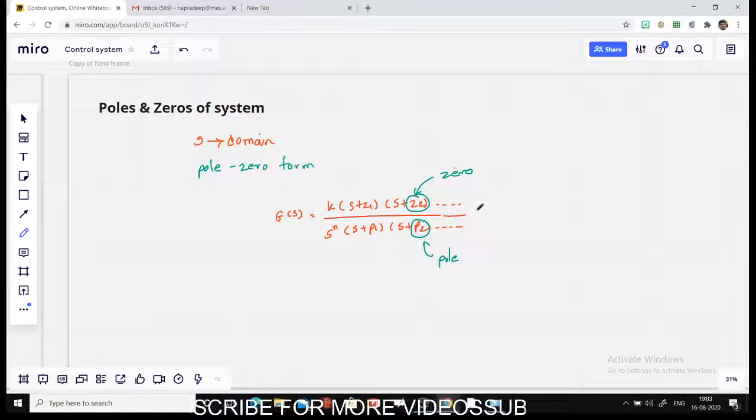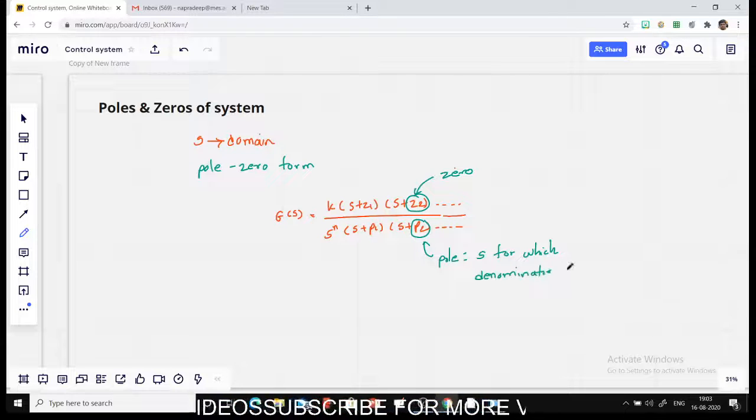Now what are the pole values? Pole values are the values of S for which your denominator becomes zero, and effectively your function becomes infinity, because there is zero in the denominator.